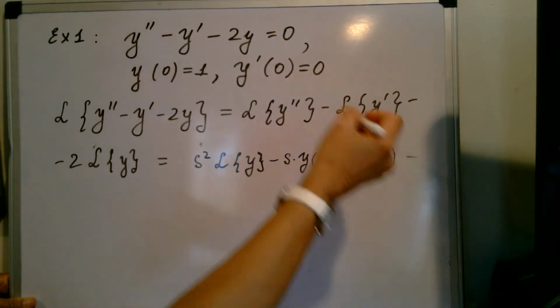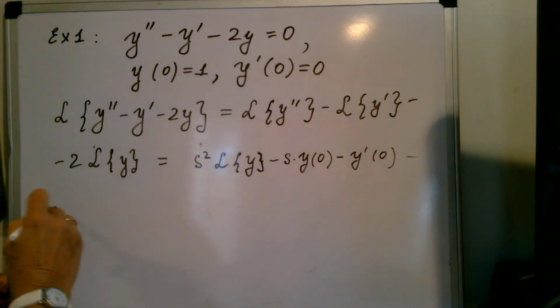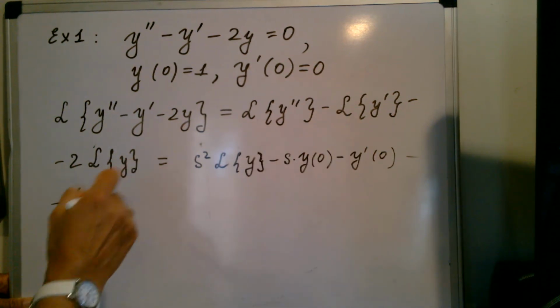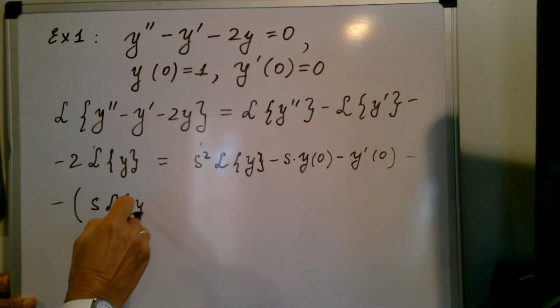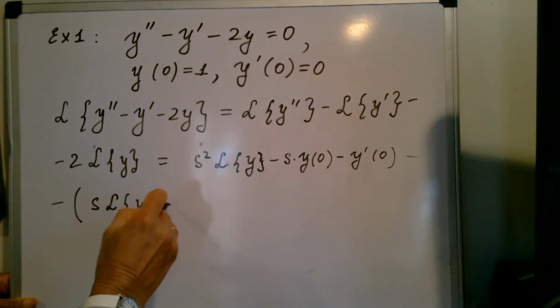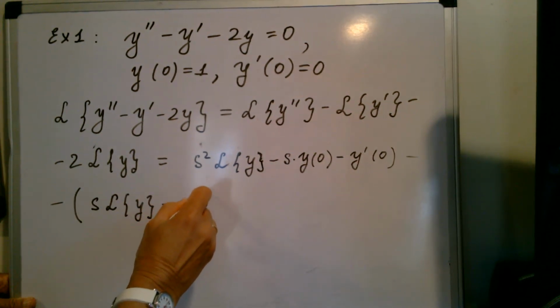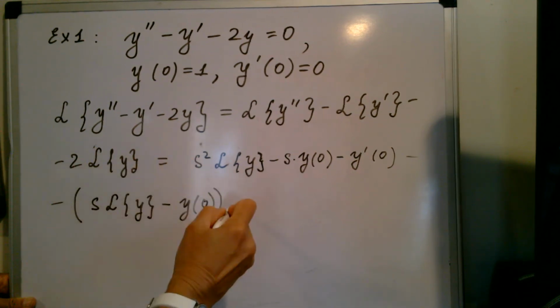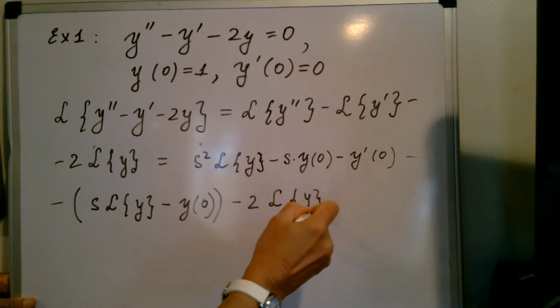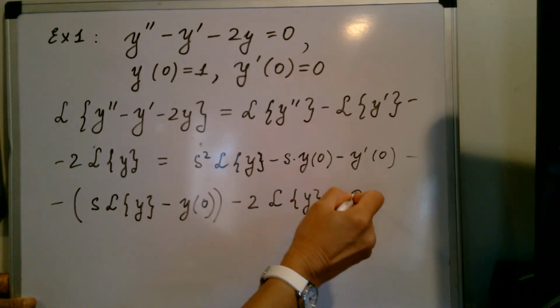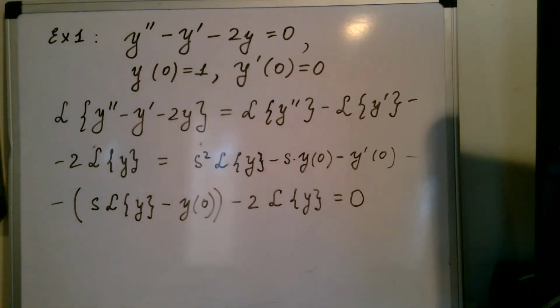Then the next term, minus, I'm going to put parentheses to not mix up the minuses: s times the Laplace transform of y, and the first derivative is going to give me just y of 0. And the last one is going to be just as it is, the Laplace transform of y, and it's going to be equal to 0.